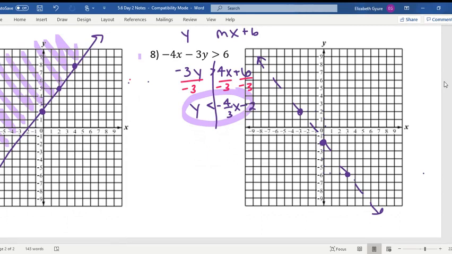I've heard from some other people. Nick, what do you think? Do you think I need to shade above or below? You do, because this is a less than, right? So yeah, good. See, we know. I think we're just being shy. So good. Yeah, shade below. Very good. Do we feel okay about this, guys?